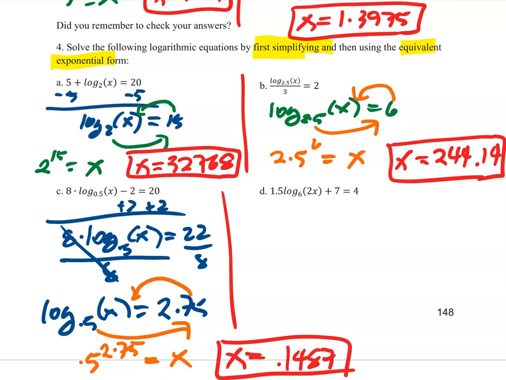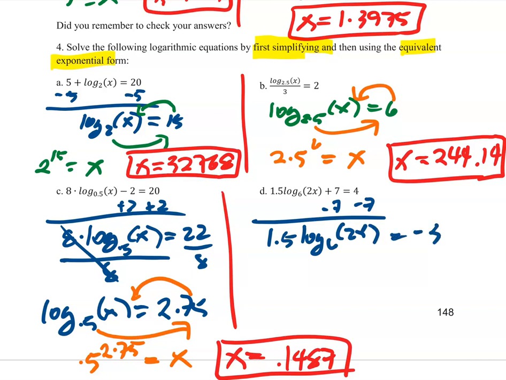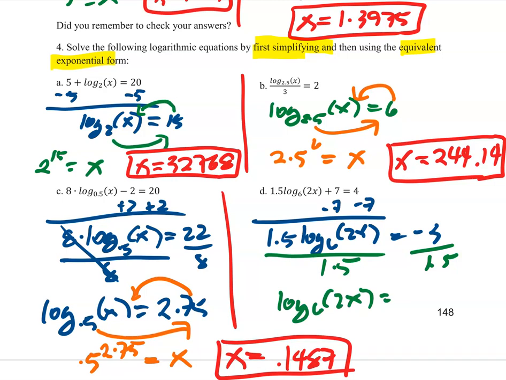And letter D, if you subtract 7, 1.5 log base 6 of 2x is equal to -3, and divide both sides by 1.5, so that is log base 6 of 2x is equal to -3 over 1.5, which is -2.